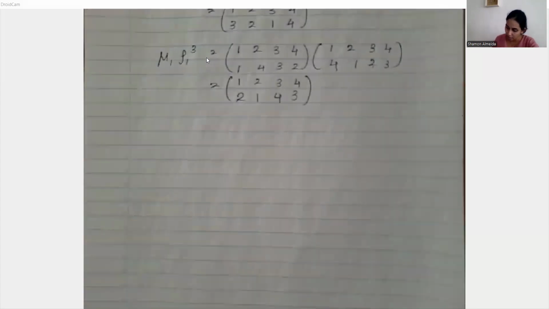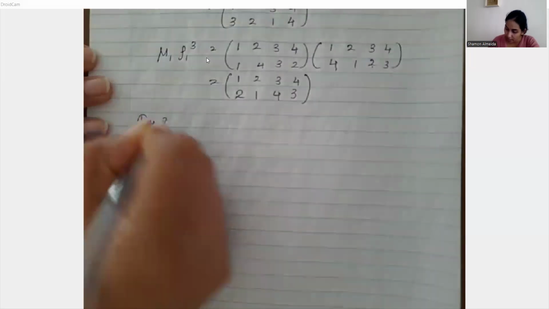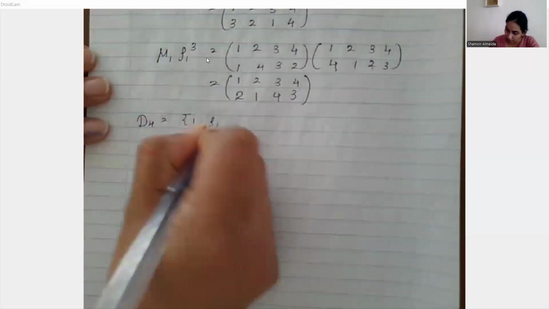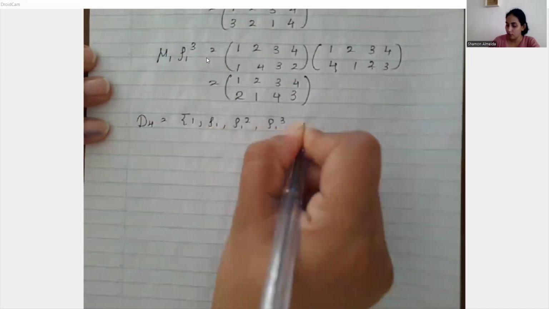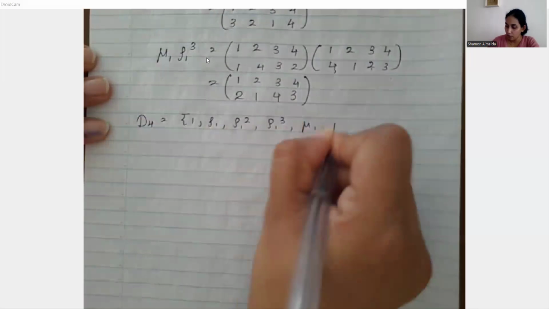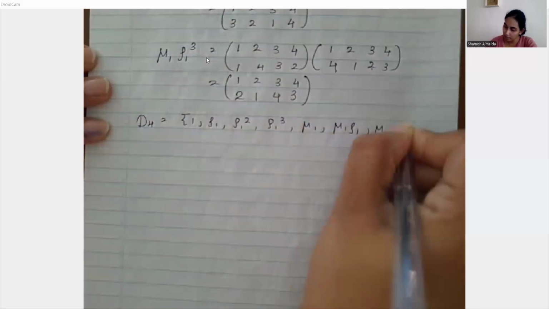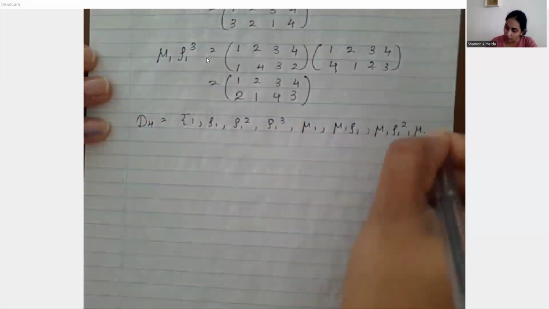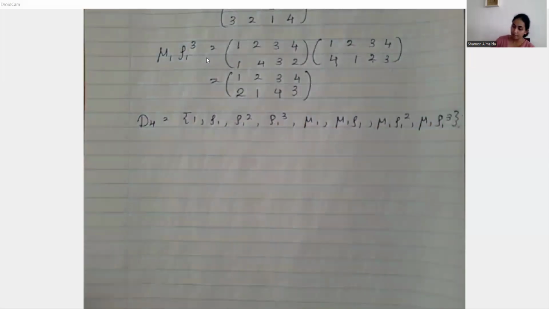If you put them in the set, we have D4 to contain the identity, rho 1 squared, rho 1 cube, mu1, mu1 rho 1, mu1 rho 1 squared, and finally mu1 rho 1 cube. And the relations apply to this group in general, right?